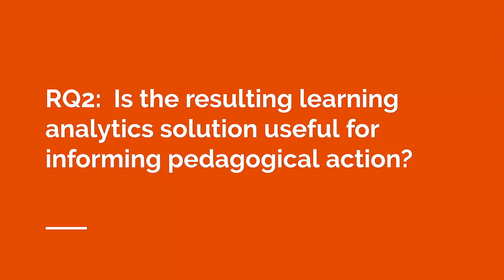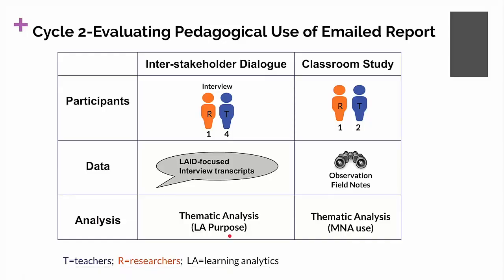And we sought to answer the question, is this learning analytic solution useful for informing pedagogical action? We conducted inter-stakeholder dialogues with the 4 teachers in this part of cycle 2 of the study, and we also did a classroom observation with 2 of those teachers.